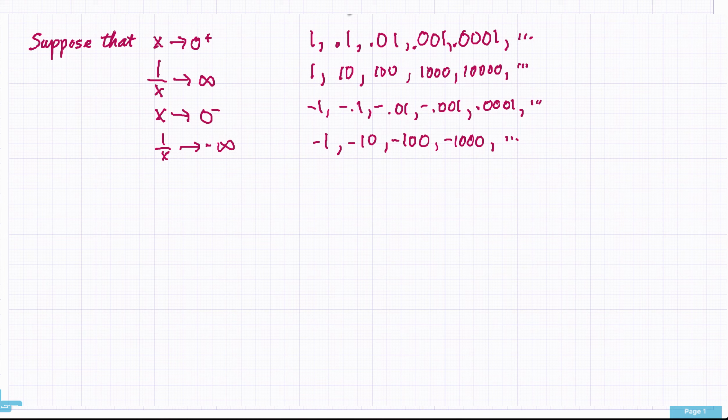So this time, the corresponding 1 over x's are going towards minus infinity. So to sum up, the limit as x approaches 0 from the positive side of 1 over x is infinity. The limit as x approaches 0 from the negative side of 1 over x is going to be minus infinity.